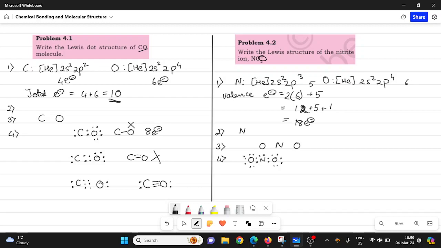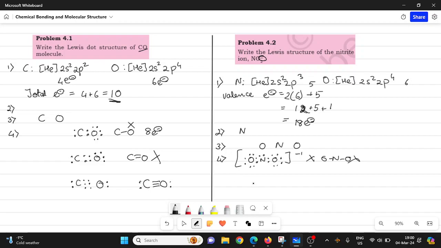Now notice, oxygen is happy, nitrogen is not. Nitrogen only has 6 electrons in its outermost shell. So because of that, it's going to be unhappy. So this is not the answer. So this won't work for us.